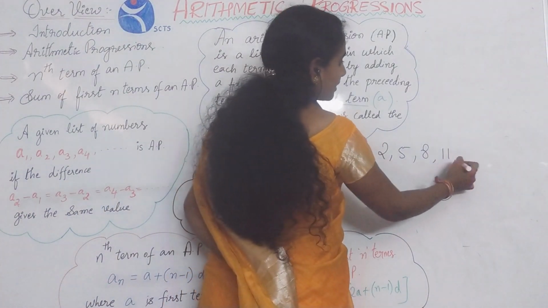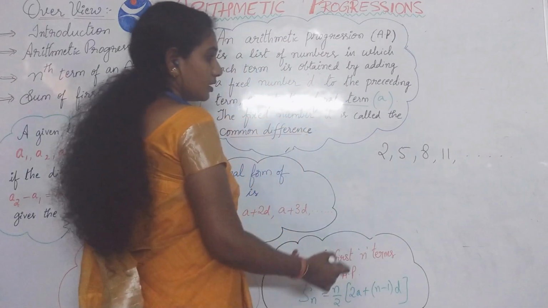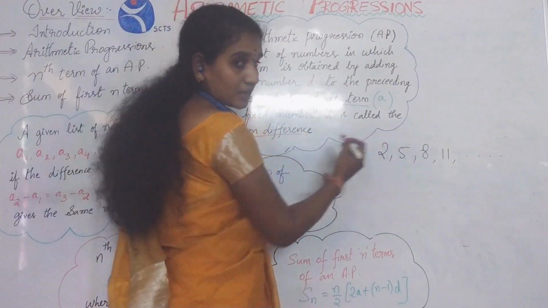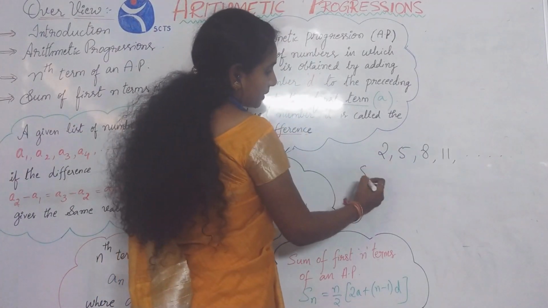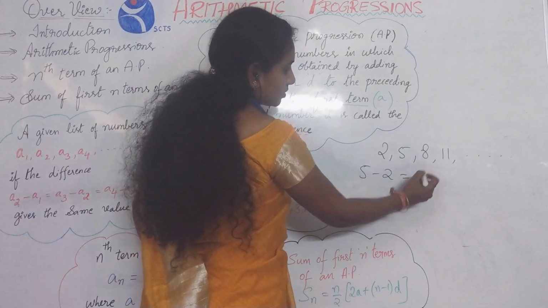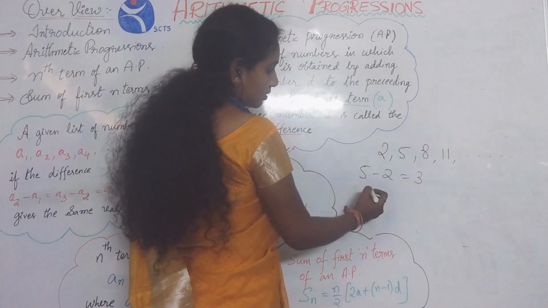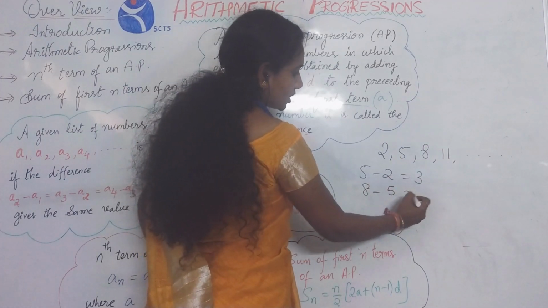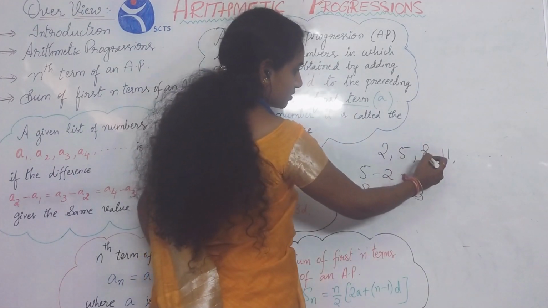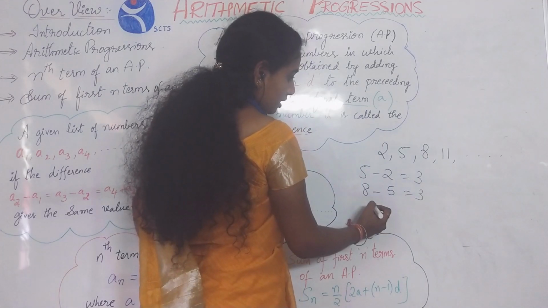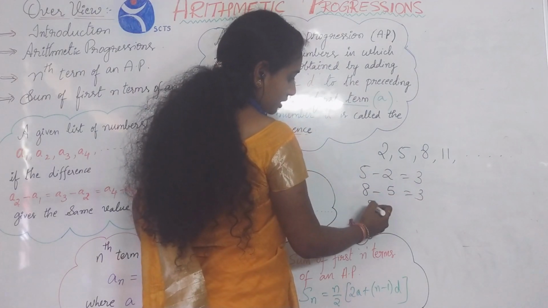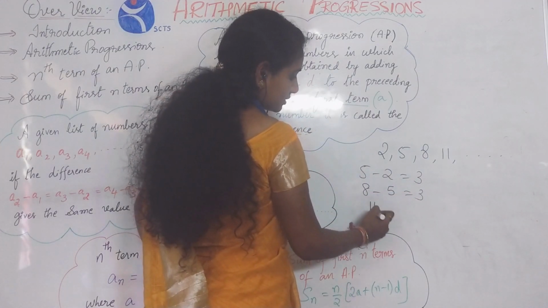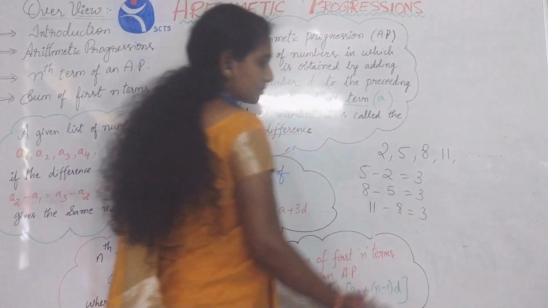2, 5, 8, 11, and so on. Here, the first term is 2 and the second term is 5. So, if I subtract 5 minus 2, I get 3. If I subtract the second term from the third term, 8 minus 5 is equal to 3. If I subtract the third term from the fourth term, I get 11 minus 8, that is also equal to 3.